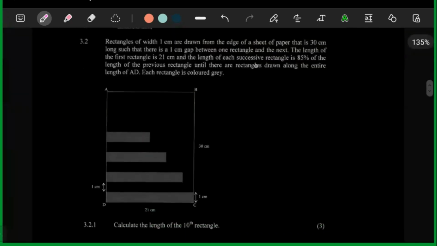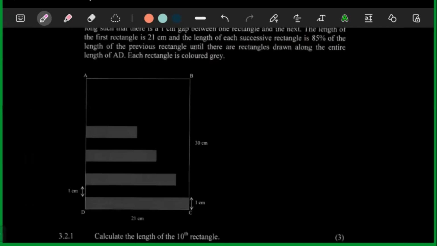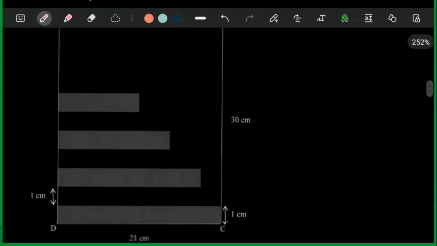And then it says the length of each successive rectangle is 85% the length of the previous one until there are rectangles drawn along the entire length of AD. And then they said each rectangle is colored gray. So what we can see is this one is 21, and then this is 85% of 21, and then 85%, 85%.